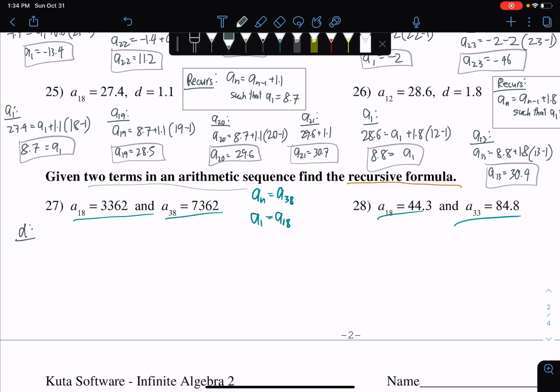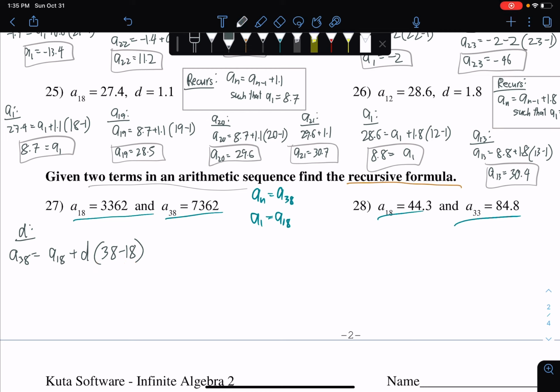So we'll still use the arithmetic sequence formula. a sub n is equal to a sub 1, which is a sub 18, plus d times 38 minus 18, assuming that these two correspond to the general formula n minus 1.